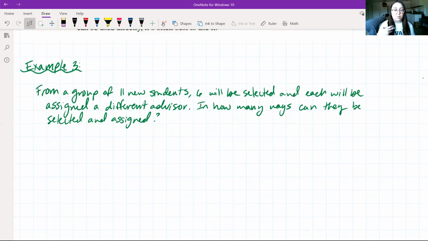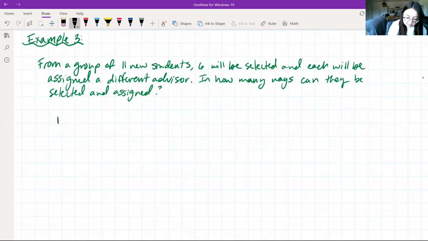But our final answer isn't asking about a group. We're saying how many ways can they be selected and assigned. Well, if you think about it, assigned is kind of another way of saying arranged.